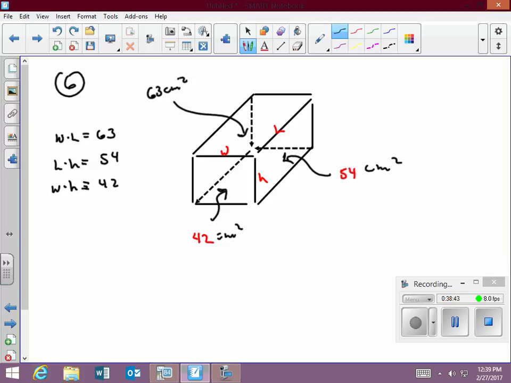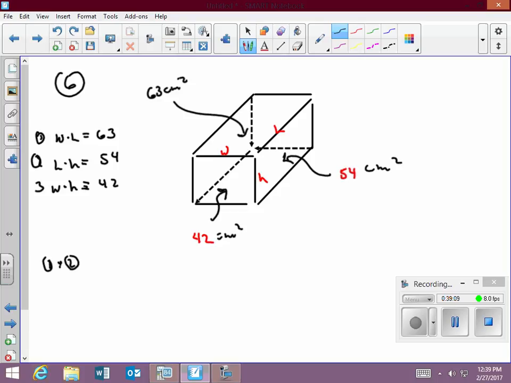We just pick one of them, write it in terms of the other, and then substitute. But it just makes no difference. We could take 1 and 2 and get a length.